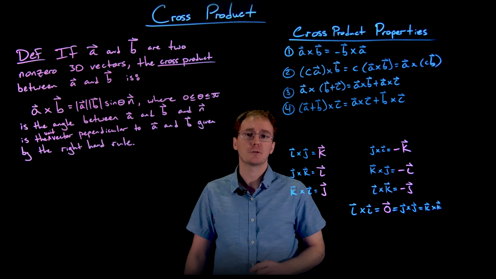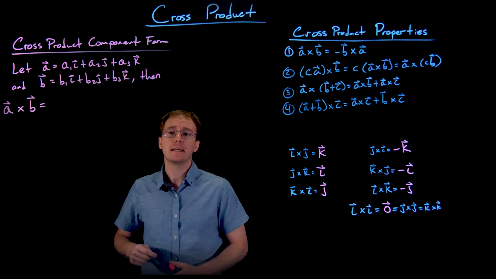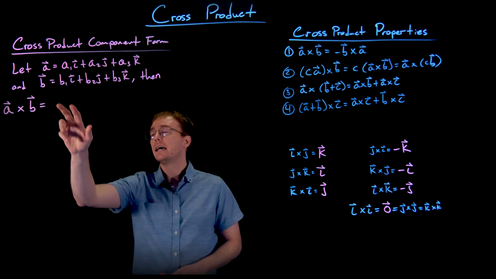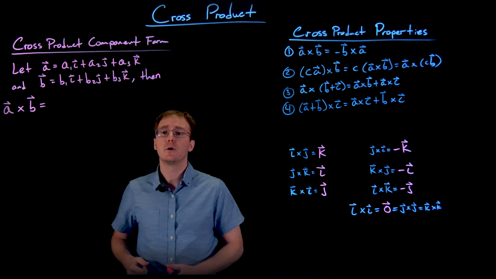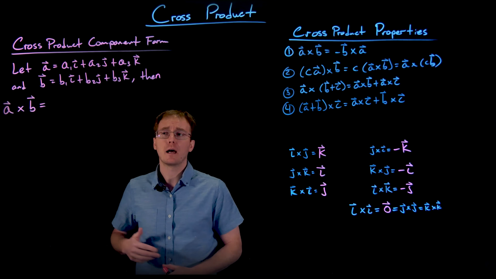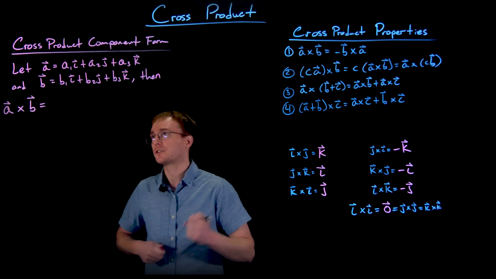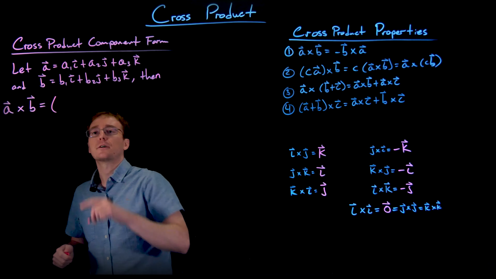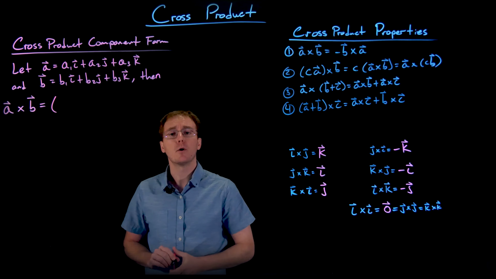Let's let our first vector in our cross product, a, be defined by a1 i plus a2 j plus a3 k, and our second vector have components of b1, b2, and b3, or b1 i plus b2 j plus b3 k. Then to evaluate a cross b, we can write the cross product in terms of the components of the two vectors and then use these algebraic properties of the cross product along with what we know about taking the cross product between the basis unit vectors i, j, and k.